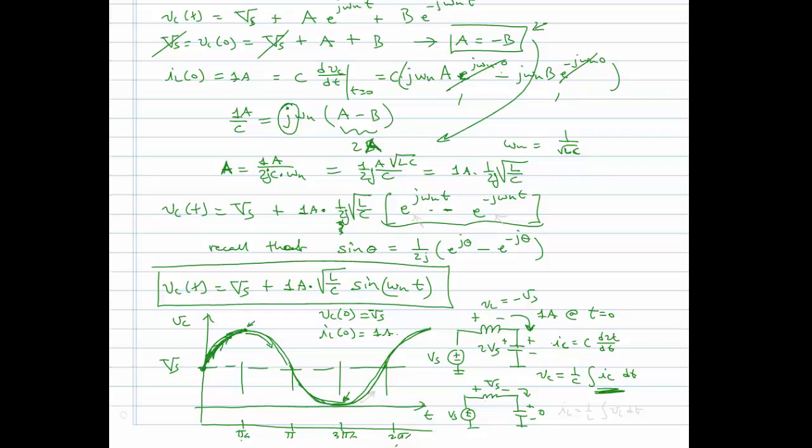Remember that for inductor current we write IL is equal to 1 over L times the integral of the voltage. And so if we have a positive voltage across the inductor, as you integrate that, that positive voltage will result in an increase in the current.